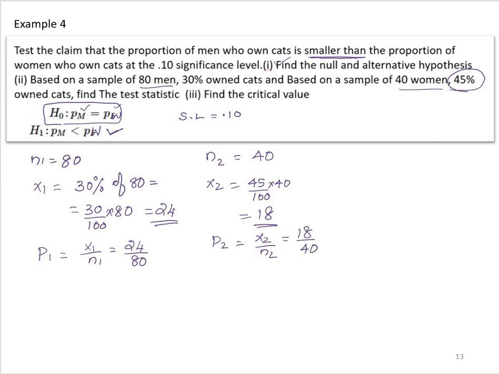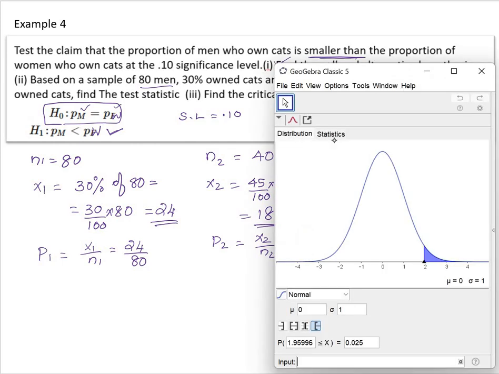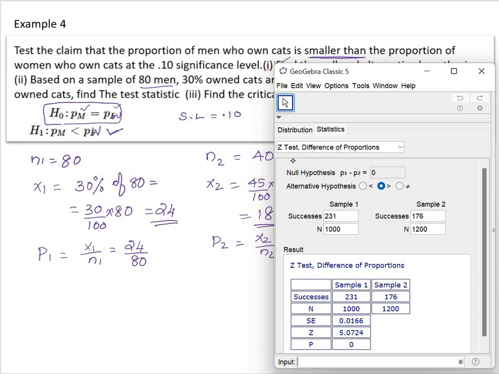Okay. Now we want to find the test statistics. For that we can use GeoGebra. Here in GeoGebra, test statistics, we choose the test of difference of proportions, and there P1 less than or equal to P2.